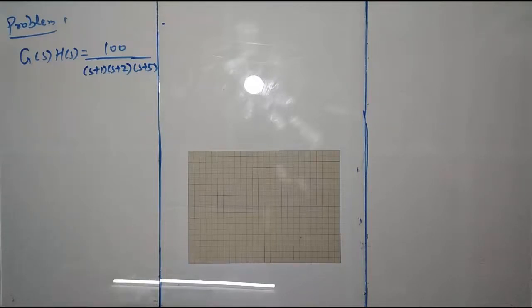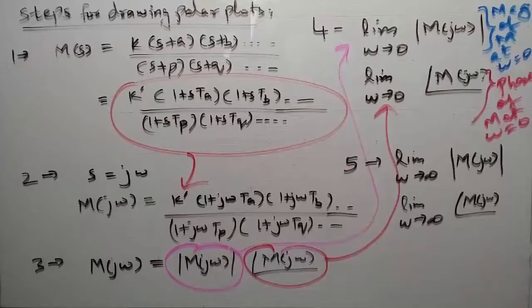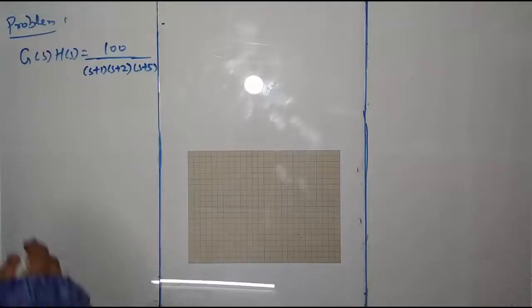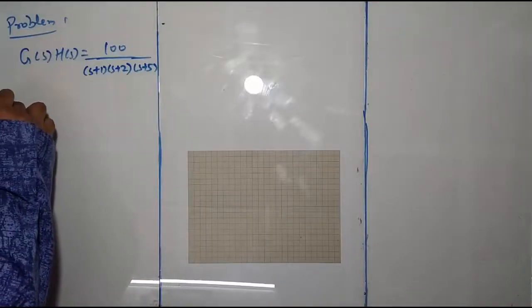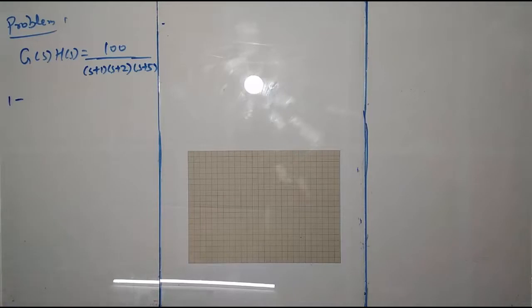We start by applying the rule. The first step says to draw the polar plot. Going back to the previous lecture, these steps will be applied again on this particular problem to obtain the polar plot.